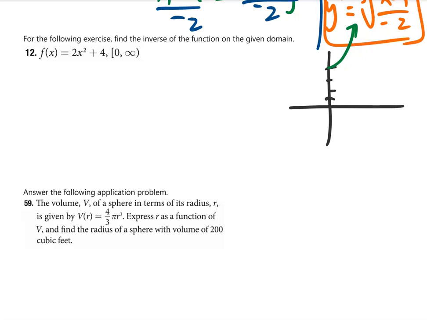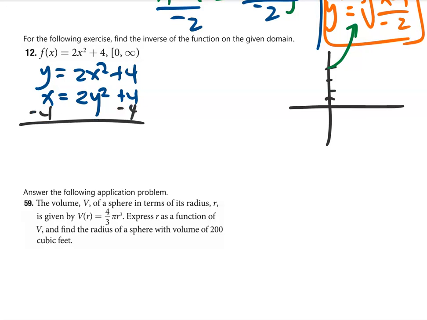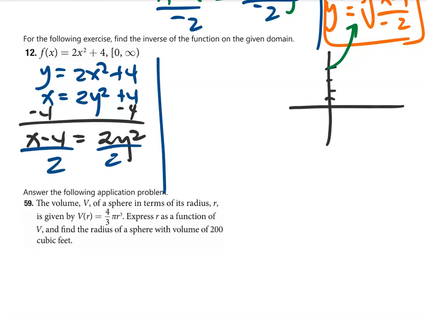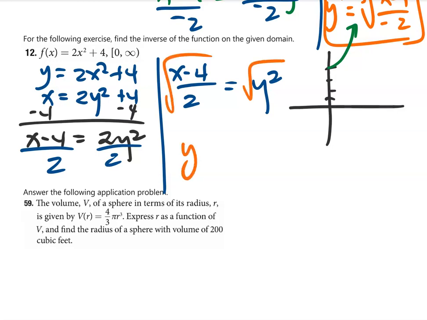Okay, so now let's solve for the inverse. So this is y equals 2x squared plus 4. Switch x and y. X is equal to 2y squared plus 4, and then solve for y. So subtract 4, then divide by 2, and then to get rid of square is square root both sides, so that you have the inverse, just the positive side of that, since we want from 0 to positive infinity.